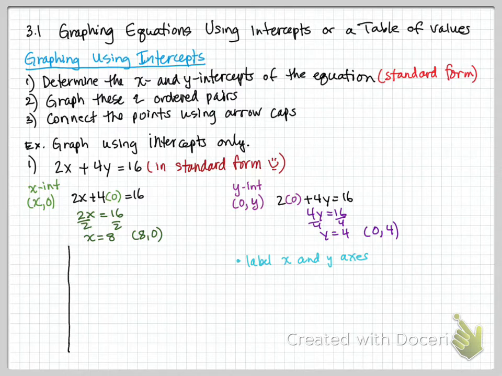Now, not always do I draw a graph that looks symmetrical, because sometimes the points I need, let's see, 1, 2, 3, 4, 5, 6, 7, 8, perfect. That's all I really need, okay? It's the points that I need. I don't need the negatives because I have 2 positive numbers that I'm going to be graphing. So the second thing I'm going to do on my graph is to mark tick marks on the axes.